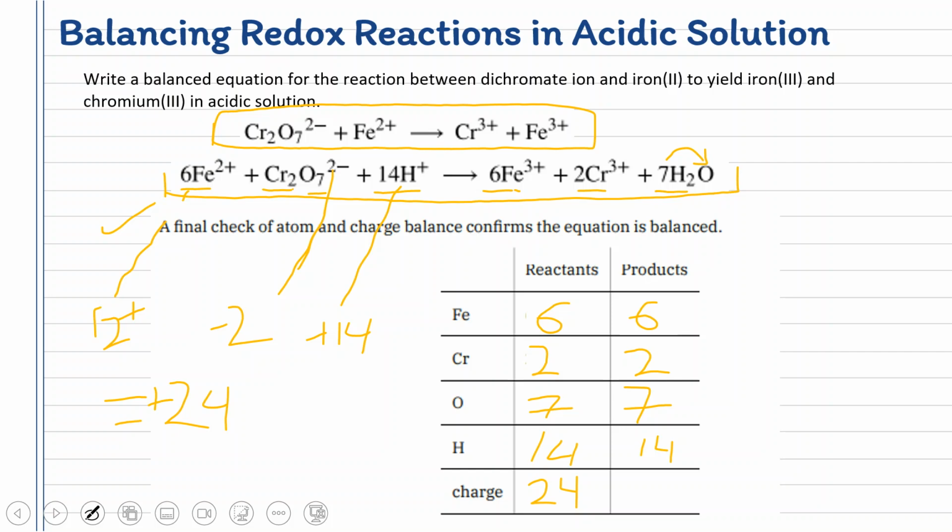Look at the charge on the right. 6 times 3 gives you 18 plus for charges. 2 times 3 gives you what? 6. So that's 6 plus. 6 plus 18 gives you 24.